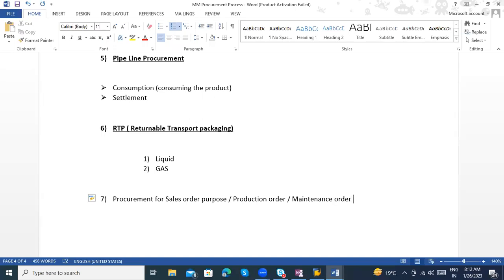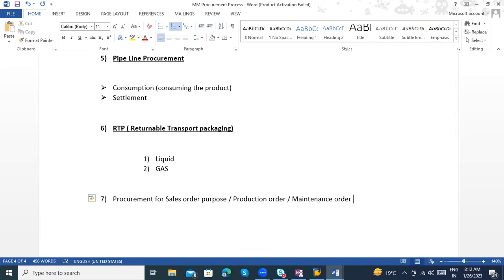Generally, when we are procuring materials, suppose I'm planning to buy some product. Sometimes it is for a customer order, or it may be a production order, or it may be a maintenance order.